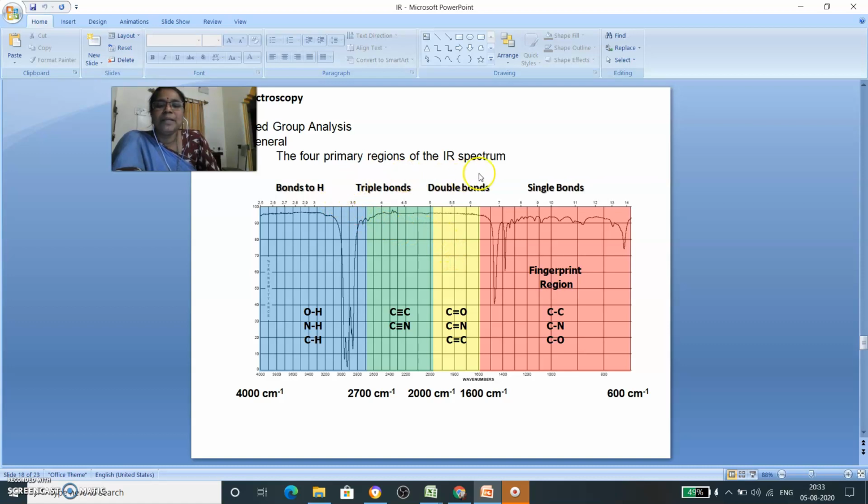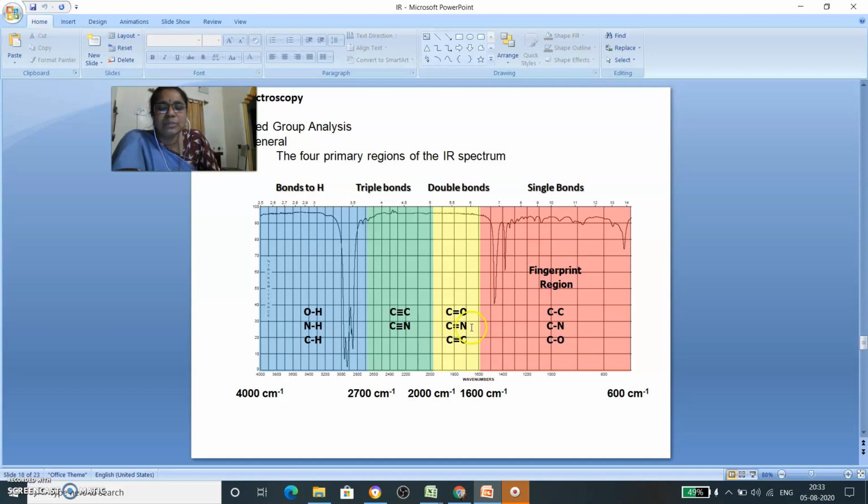The 4 primary regions of the IR spectrum: hydrogen bonds, triple bonds, double bonds, single bonds. Here you have to categorize this region. So, the fingerprint region will come in between 600 to almost 1600.